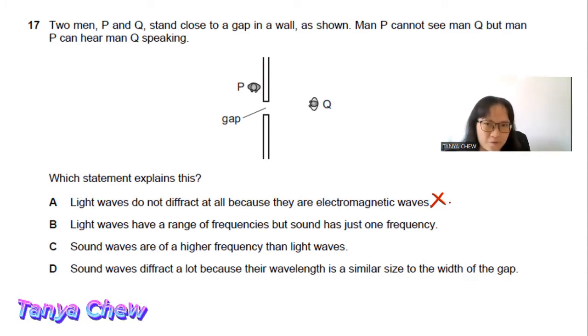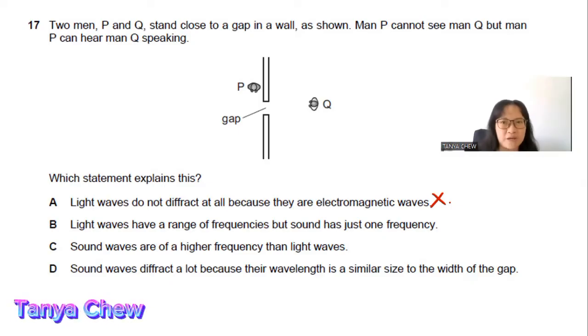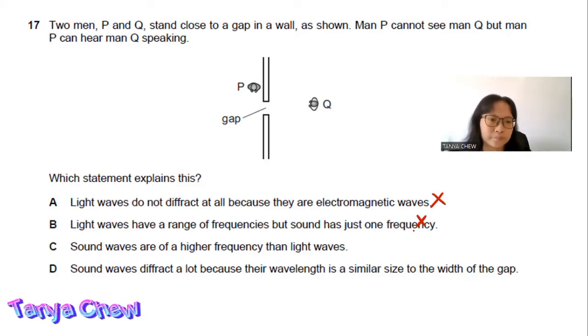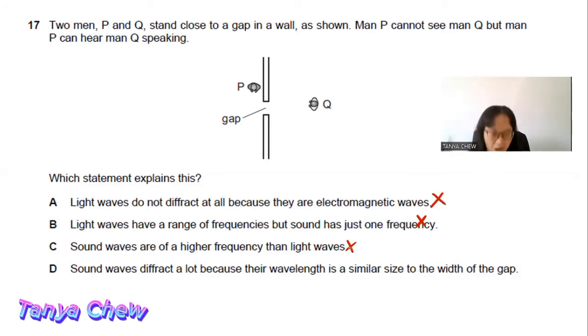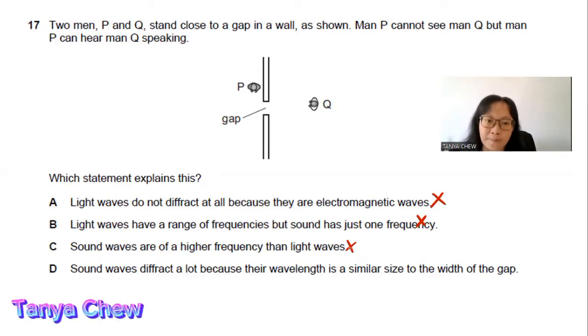Is that the reason man P cannot see man Q but can hear man Q? That is not true. C, sound waves are of higher frequency than light waves. Never. If sound waves were of higher frequency than light waves, then we could not hear the sound waves. D, these sound waves diffract a lot because their wavelength is similar to the width of the gap.